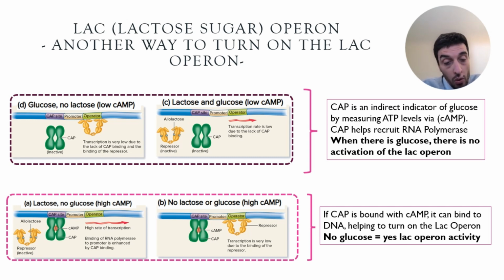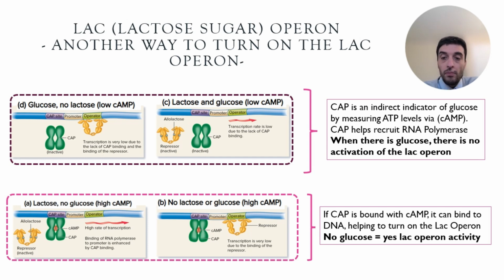So if there's no glucose, the CAP is going to be connecting to the CAP site, and that's going to lead to a series of events that's going to allow the production of enzymes from the lac operon to digest lactose.